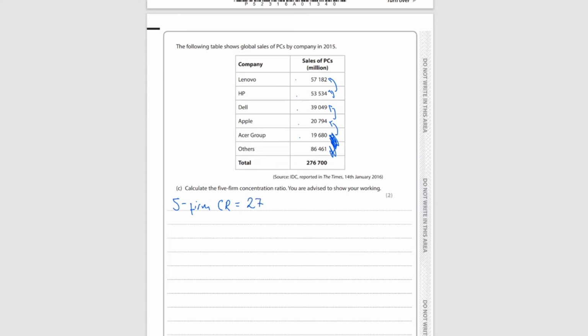So if we do 276,700 minus 86,461, that will give us 190,239.